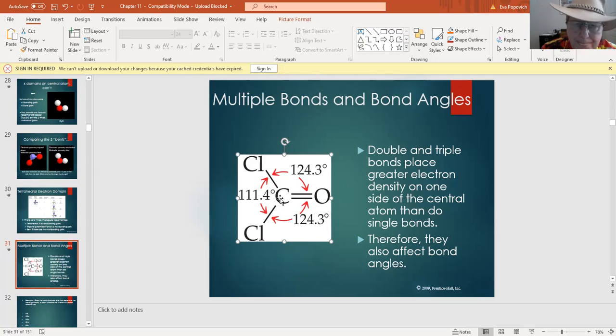So when you have a double bond here, that means more electron density is around this side. So it pushes down more than these push back. So that forces the bond angle to be a little bigger when you have the oxygen out here as opposed to the chlorines.